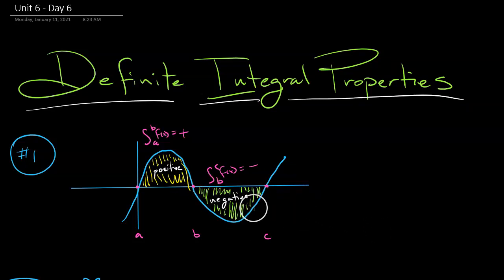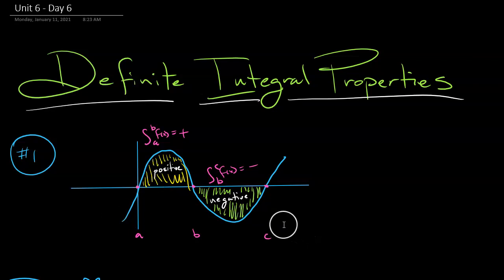And I don't think we've run into this yet. I believe we've only done examples with anything above the x-axis. So this is just basically how definite integrals are set up. Again, I'll frequently use the word area, but area isn't correct to say because you can't have a negative area.